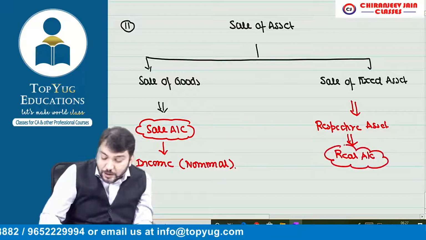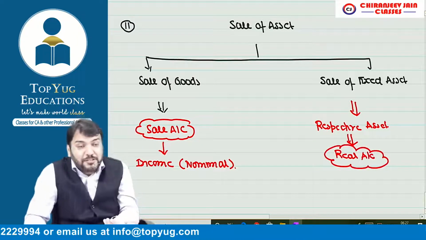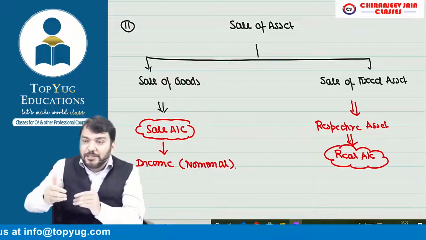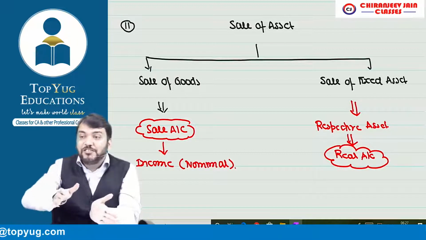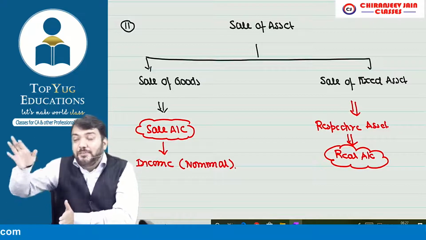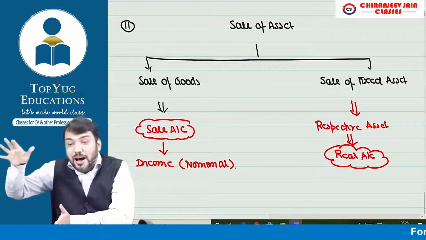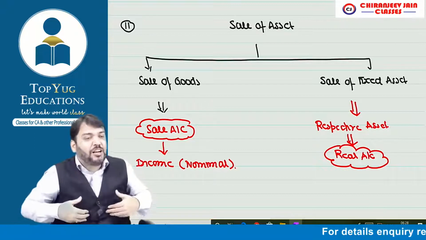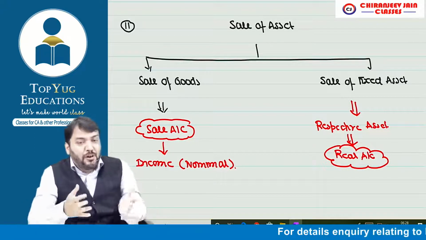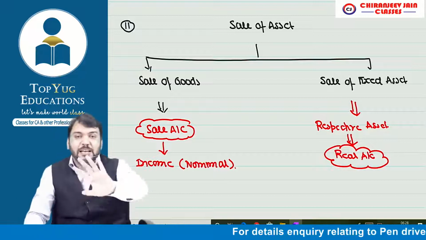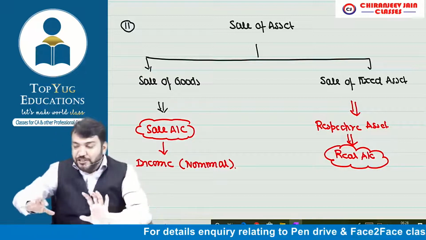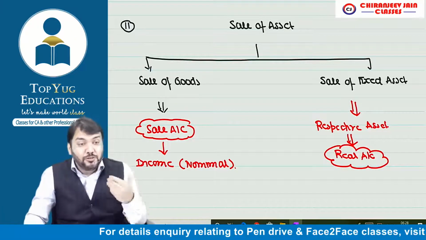Can I say we are giving more importance to goods? Why? Because that is my business. Sale and purchase of goods is my business. Purchase and sale of fixed assets is not our business. We purchase them only for carrying on the business. For example, I purchase a camera, a PC, many other things to do business.